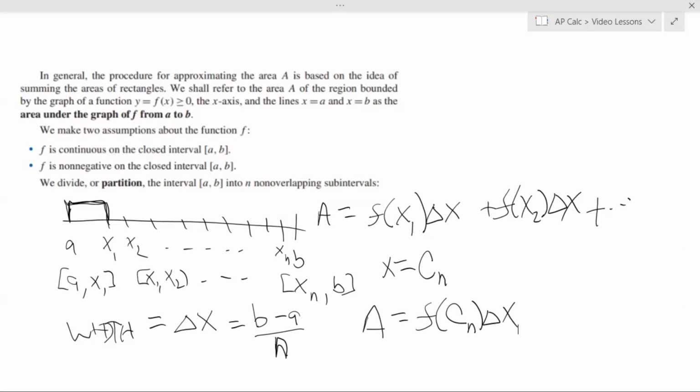Okay, so we're developing a formula here for the area. Now, that's the area of one rectangle, but I have multiple rectangles that we're going to add up here.